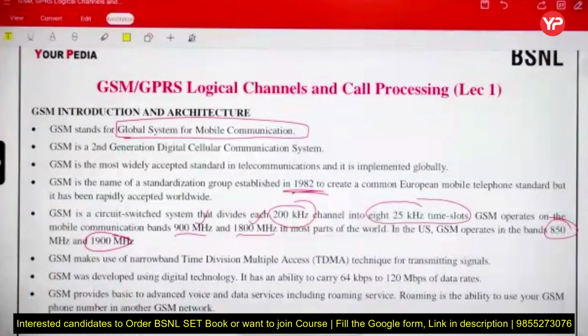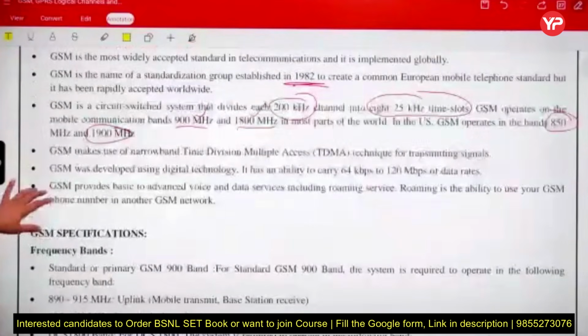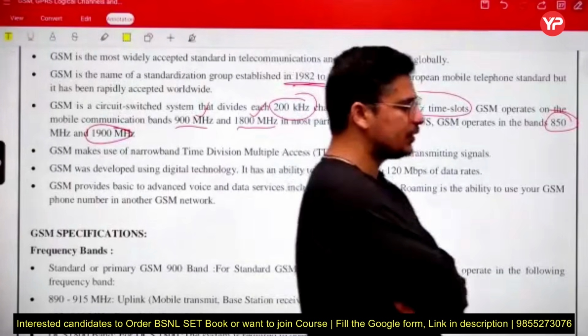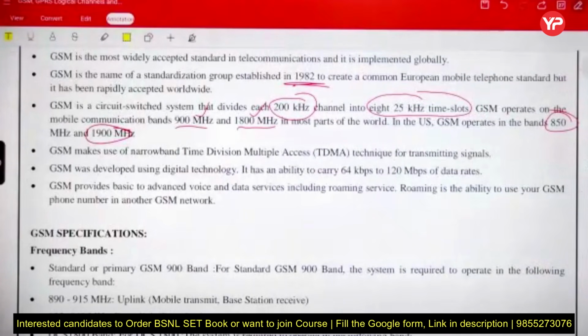So every country uses different bands. One more thing, always remember that GSM uses both TDMA and FDMA, time division multiplexing as well as frequency division multiplexing.